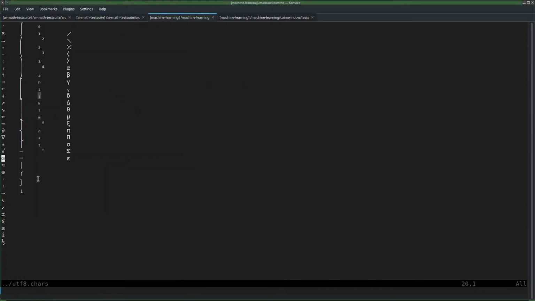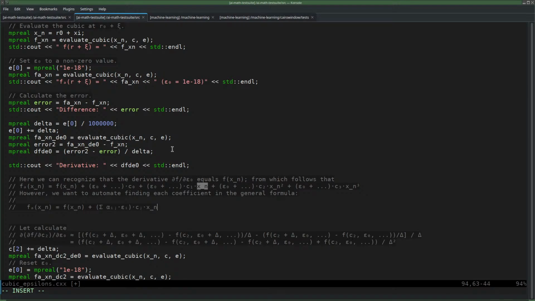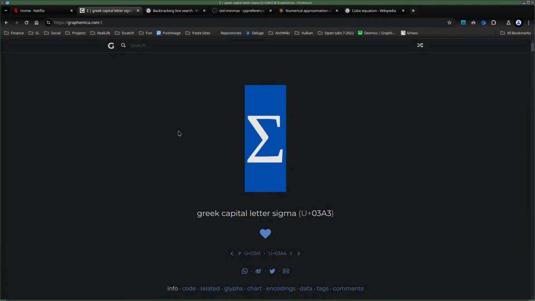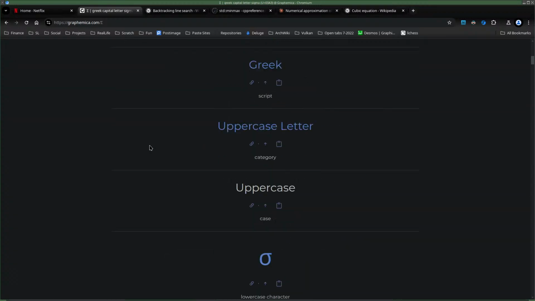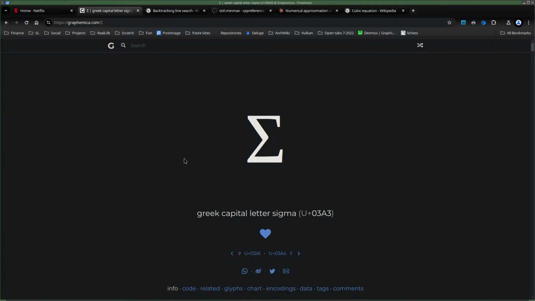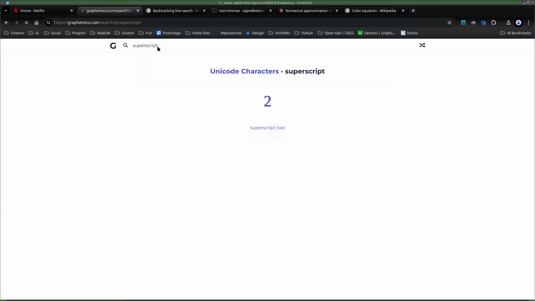And now of course we don't have an upper. It's really so bad of the Unicode, how is it called? Superscript.